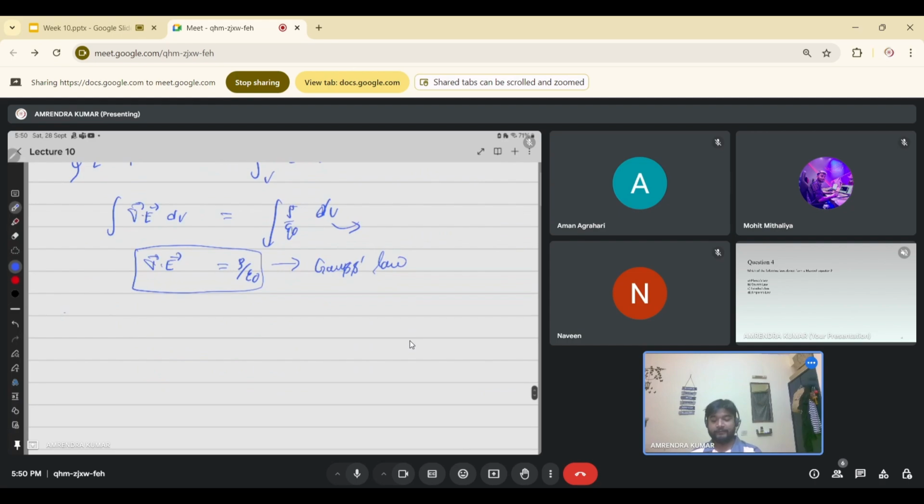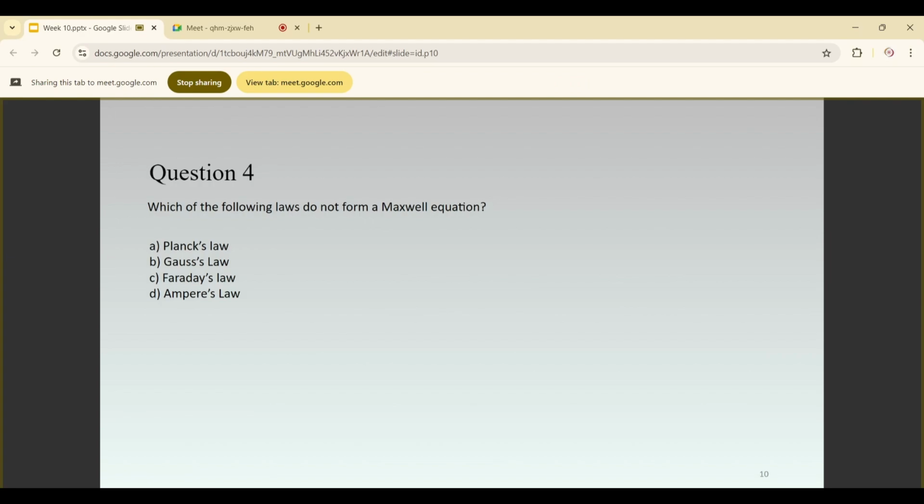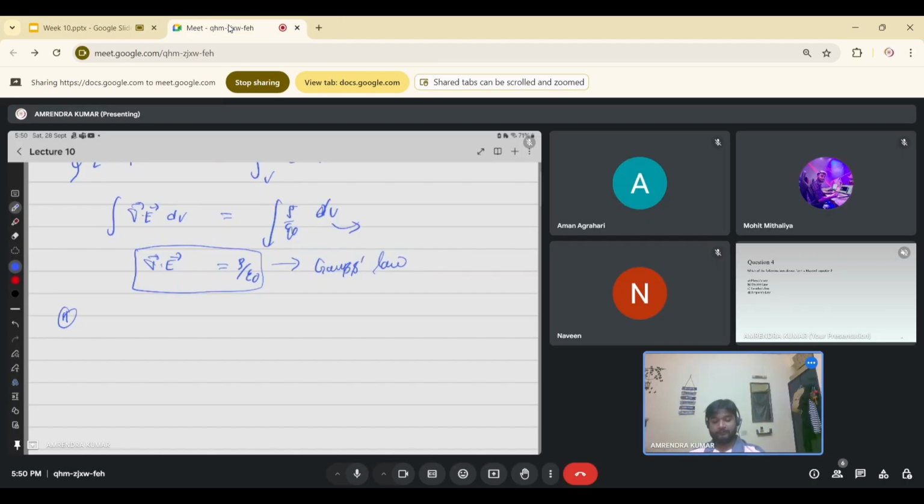Then the second one was Faraday's law. Faraday's law says that the induced EMF is equal to minus d phi over dt, where phi was the flux change, that was B dot dA. So from here, you have this d B over d t dotted with dA equal to the induced EMF.